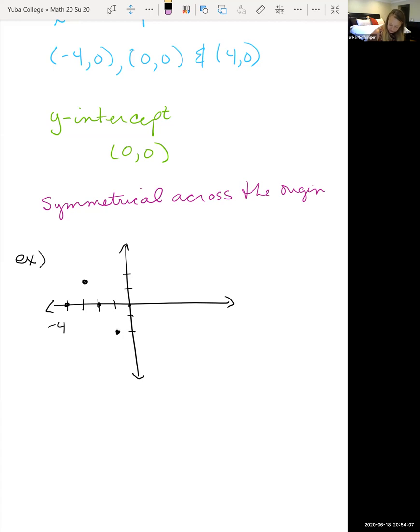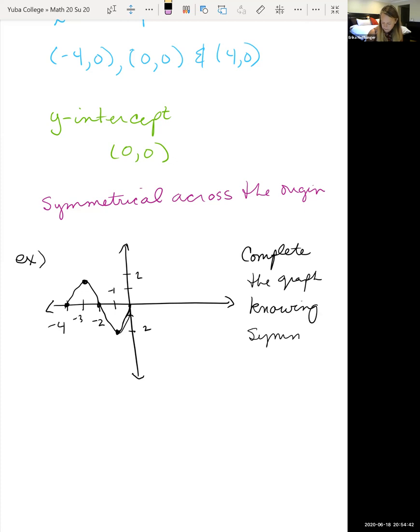Back to 0, 0. Okay, and you're asked to complete the picture, knowing this is symmetrical across the origin.